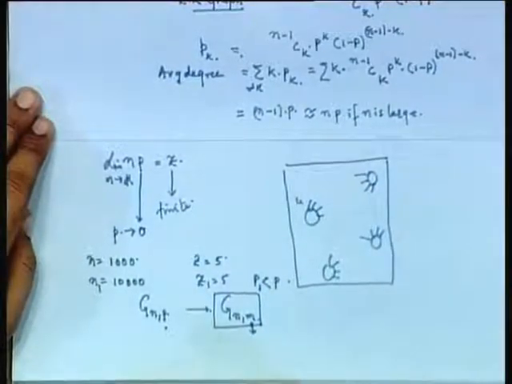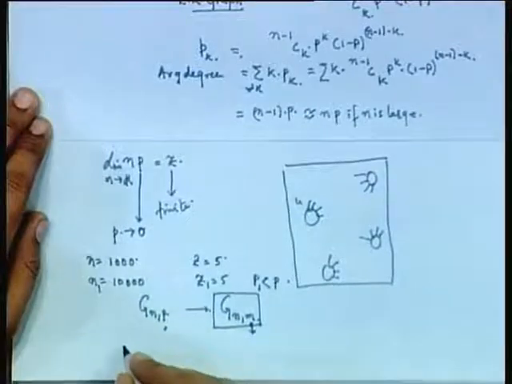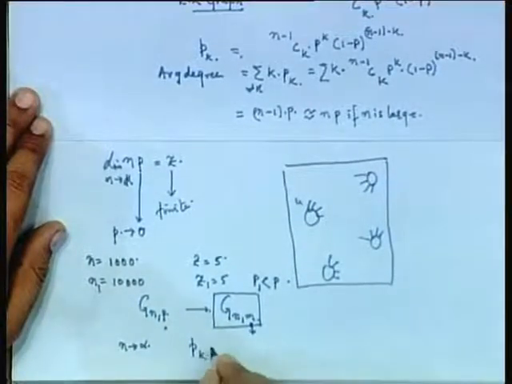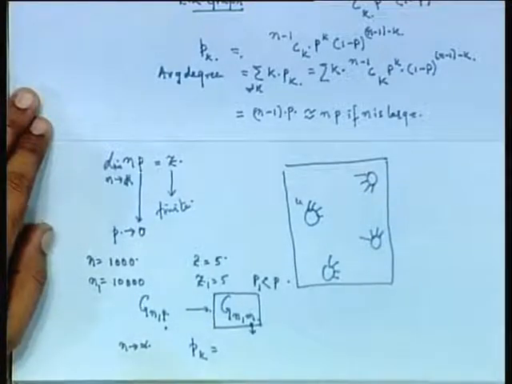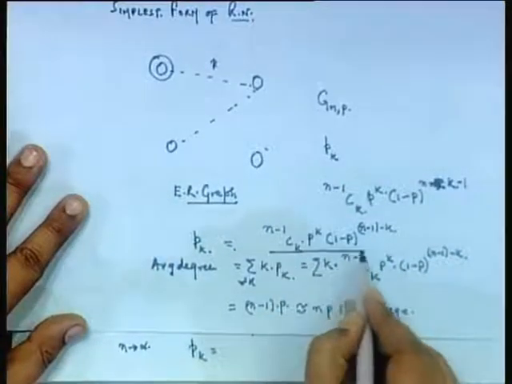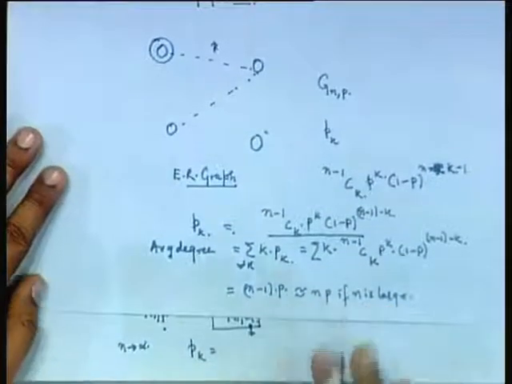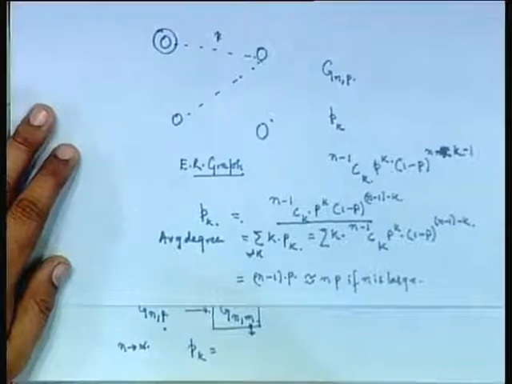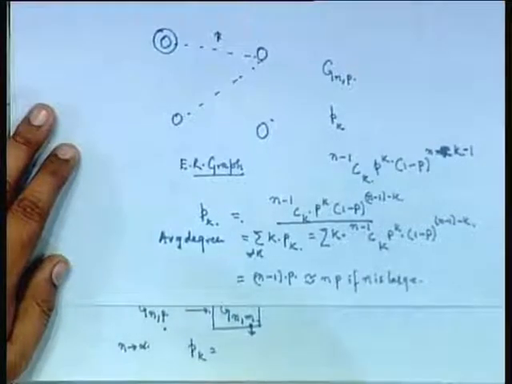Second question: if n tends to infinity, then p_k can be written as a Poisson distribution. Here p_k is a binomial distribution, and when n tends to infinity a binomial distribution tends to a Poisson distribution.